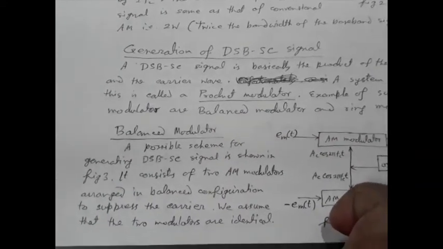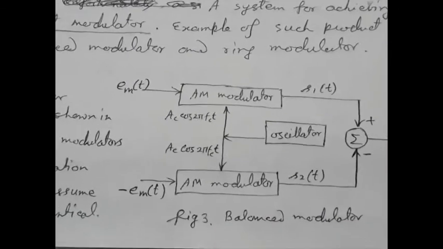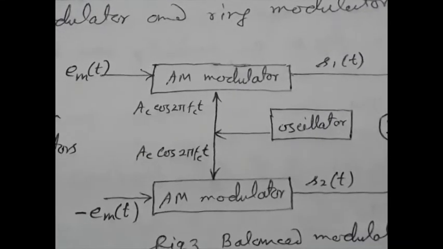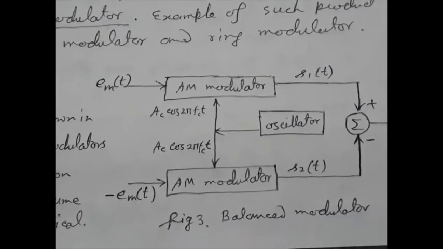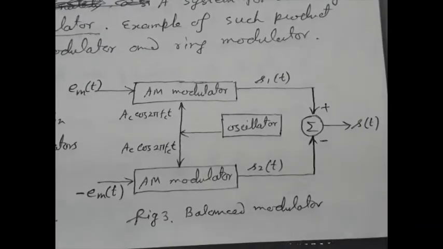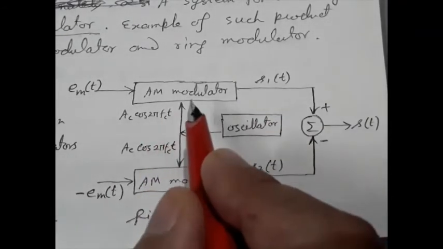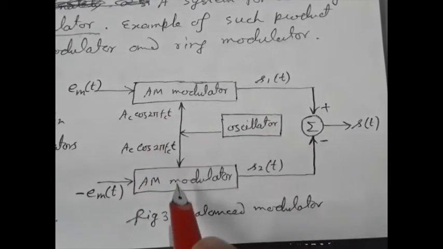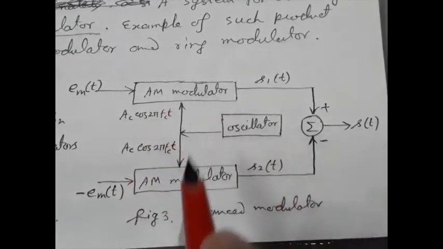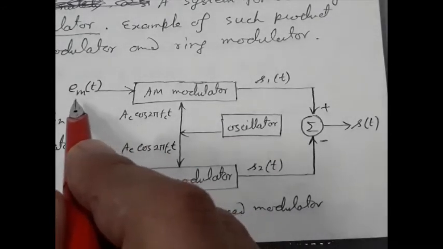Now we will consider the simple balanced modulator for the generation of DSB-SC. Here we have to use two identical AM modulators, which we have already studied. e(t) is the baseband signal.